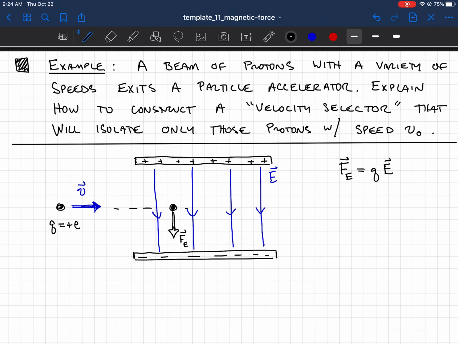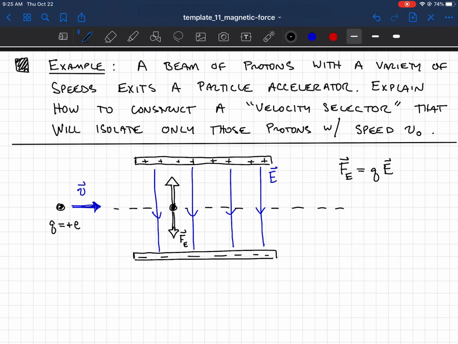What I want is for the trajectory to go like this. That means the velocity vector is not changed, which means I need zero acceleration. And in order to have zero acceleration, by Newton's second law, the sum of the forces must equal 0. So I must have a force that balances it out that points upward.